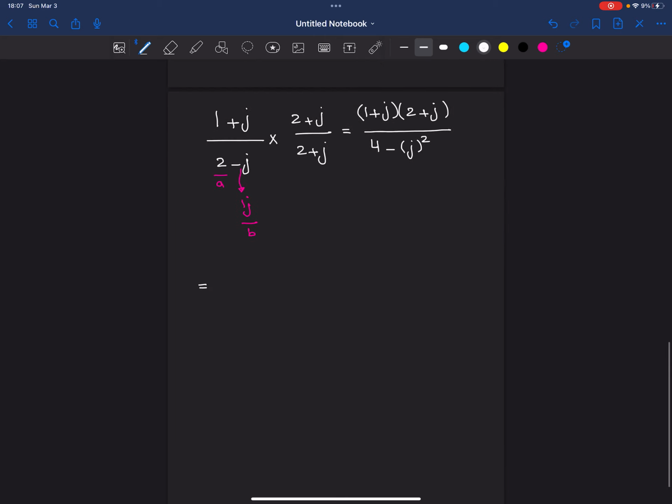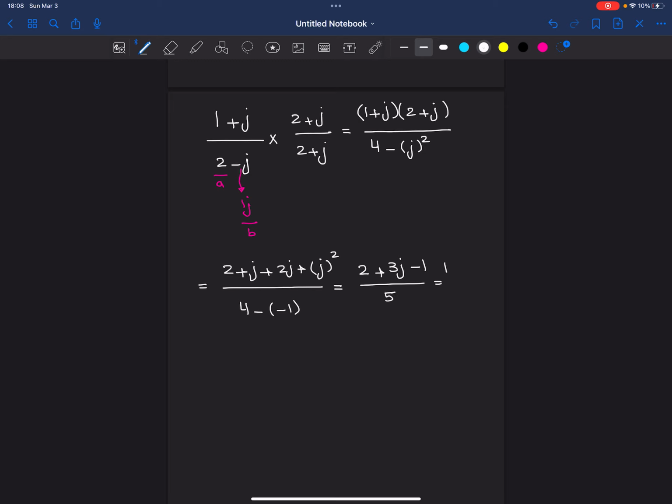So in the numerator, we're going to end up with 2 plus j plus 2j plus j squared, over 4 minus j squared, which is negative 1, so minus minus 1. Now, in the numerator, I'm going to end up with 2 plus 3j minus 1, because j to the power of 2 is negative 1, over 4 plus 1, which is 5.